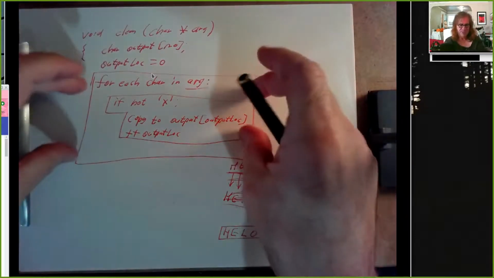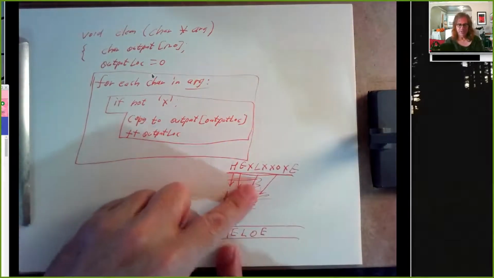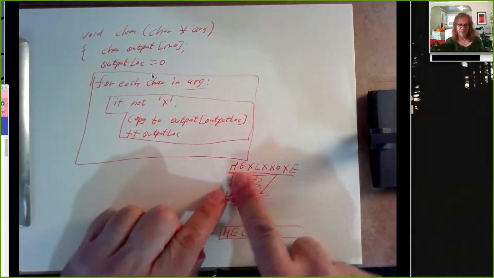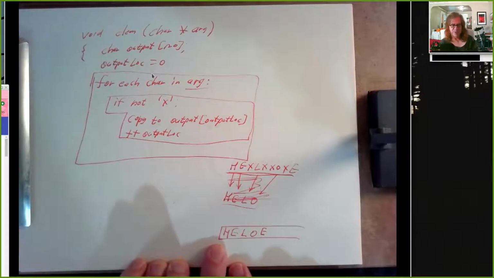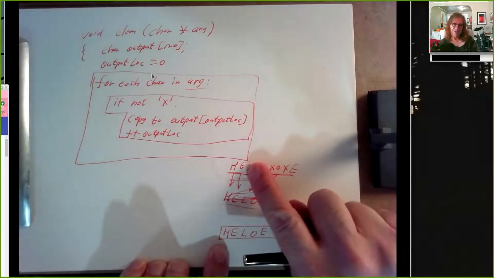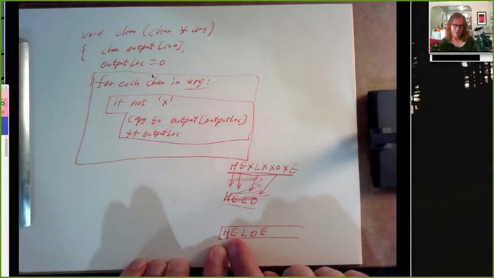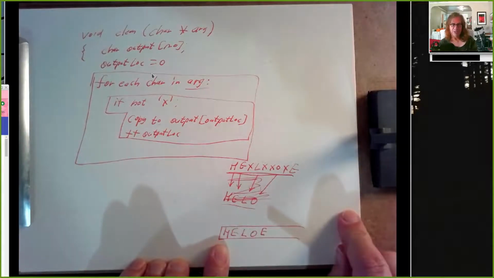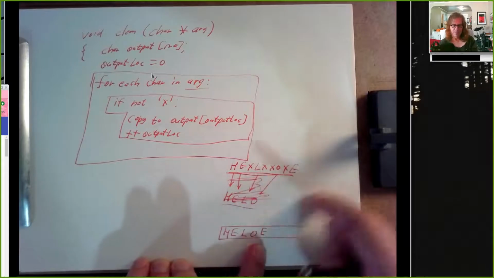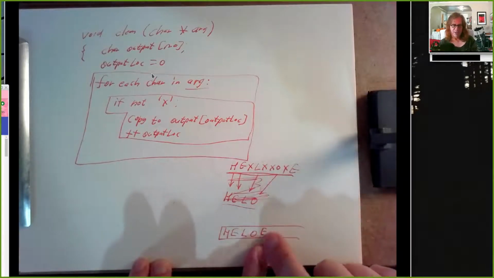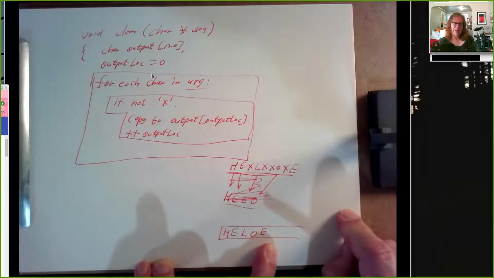Okay, so does this make sense? We're going through each character, we're starting with an output location of 0, and each time we find a character we want to save, we just copy it to the current location in our output, and we bump up that location. So when we're done, our output location will be pointing to the next spot where we want to store something.